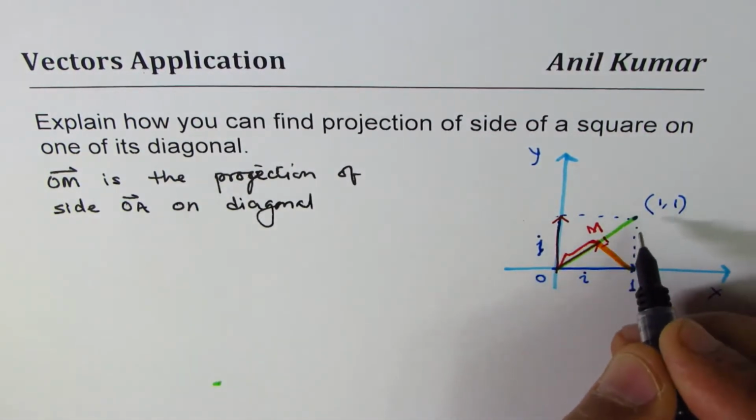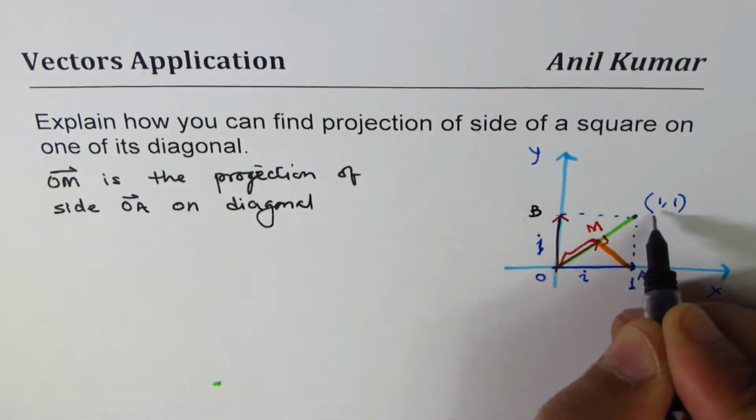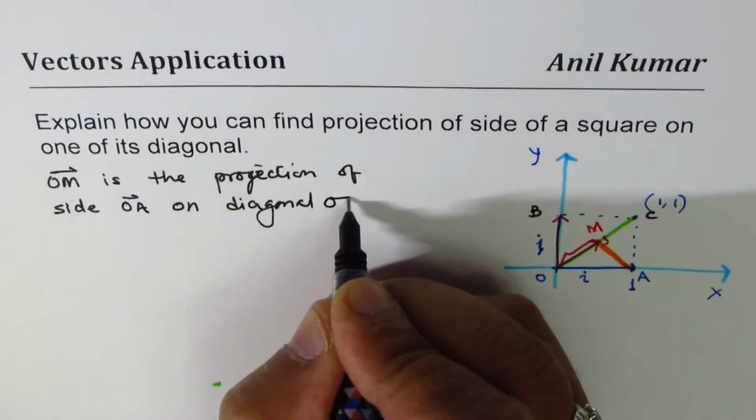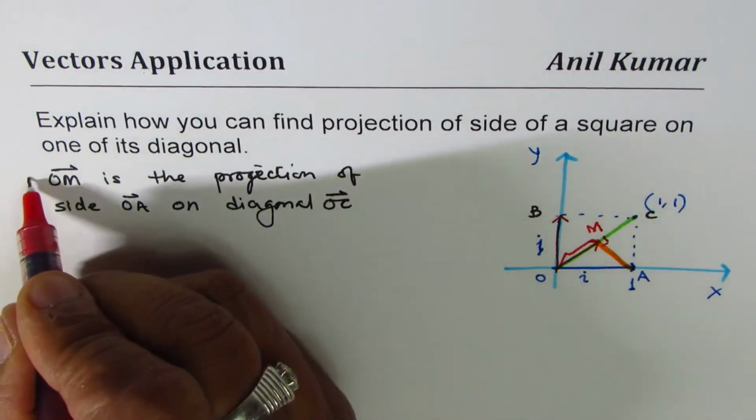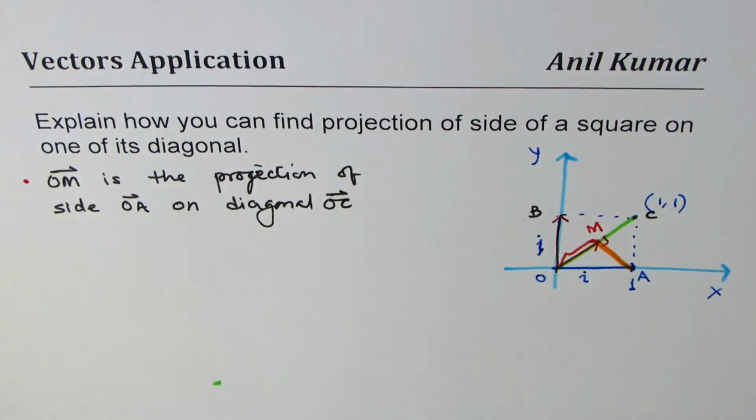Let me call this point B and this is C, right? On diagonal OC. Is it okay? So that is how we can actually reframe our question. I hope that's absolutely clear, right? Now based on this, I think it's simpler to answer. You can now pause the video and answer the question, right?